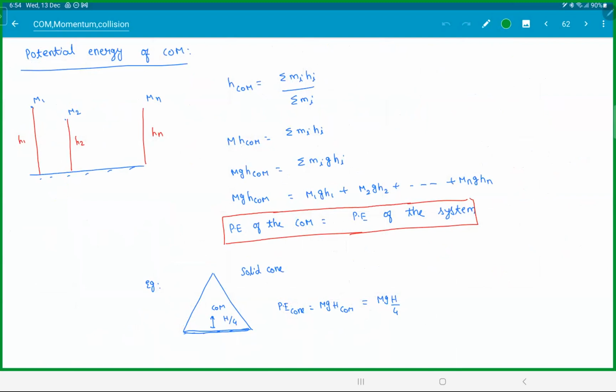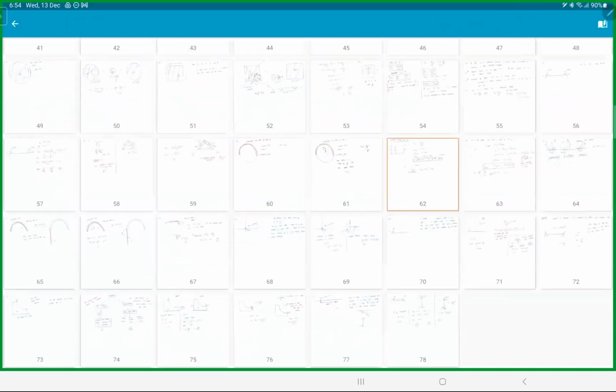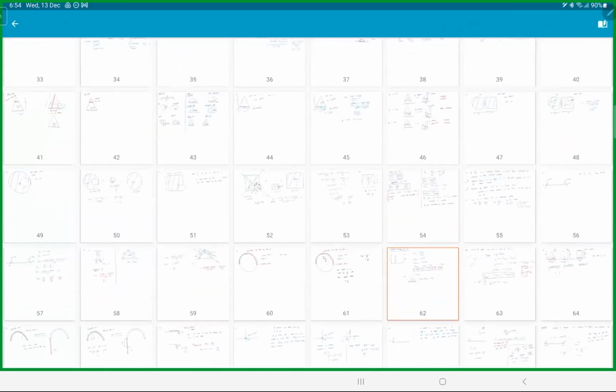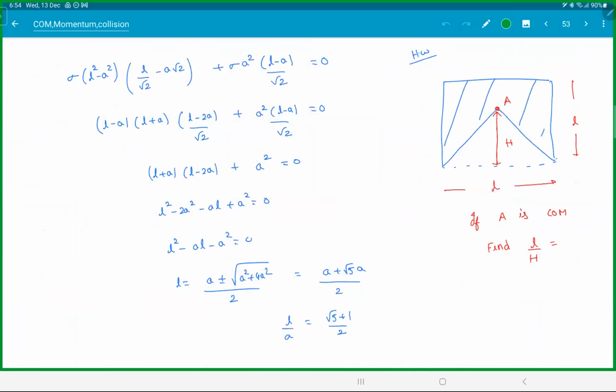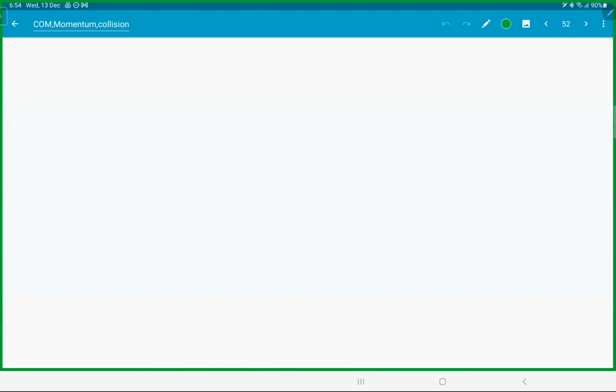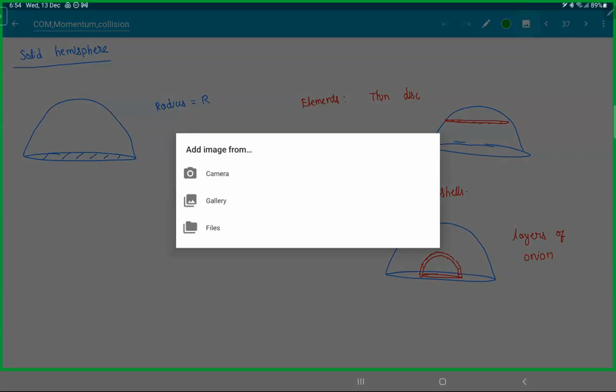Any doubts? Anything? Rehan. Sir, in the last class, that double integration question, I couldn't solve it at home. Could you please explain again? Which part you didn't understand? Tell me, which part you didn't understand?